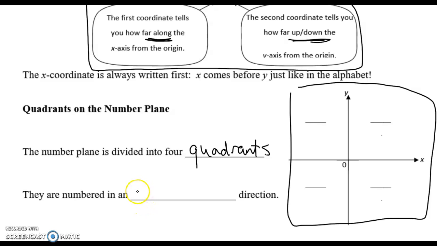They are ordered in an anti-clockwise direction, so that's number 1, number 2, number 3, and number 4. Let's look at plotting some points on the number plane.